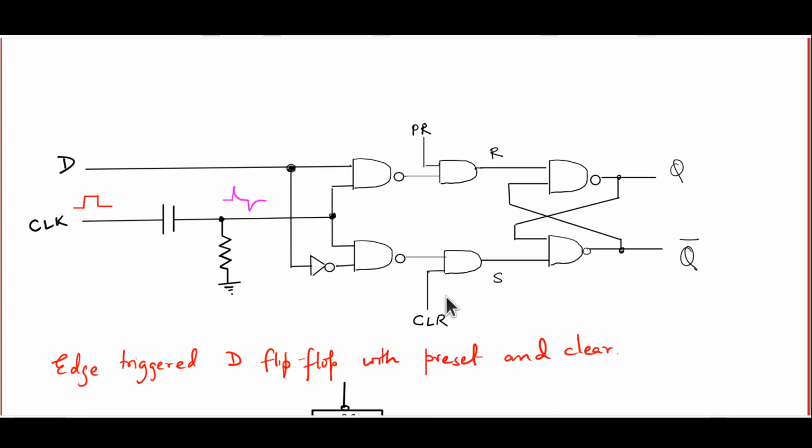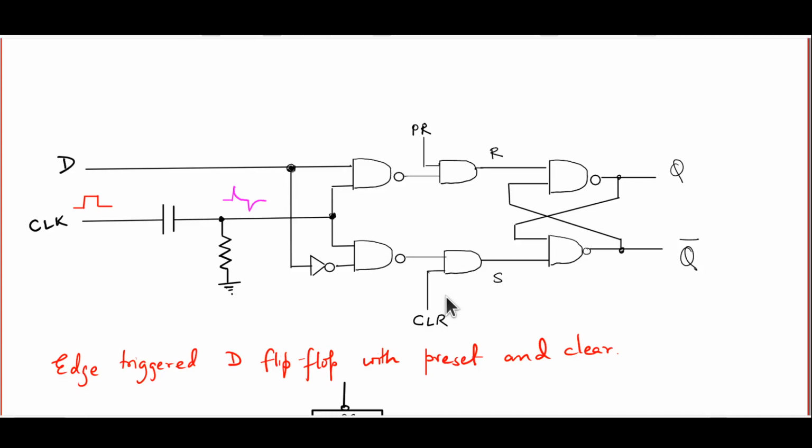On the other hand, if you send CLR momentarily low and then take it back high again, the moment CLR goes low, the lower AND gate has an output which goes low, forcing Q bar to go high and Q to go low. So this way we can override whatever D or the clock is doing. You can force the system or preset the system to high, or clear the system so that Q goes to low.